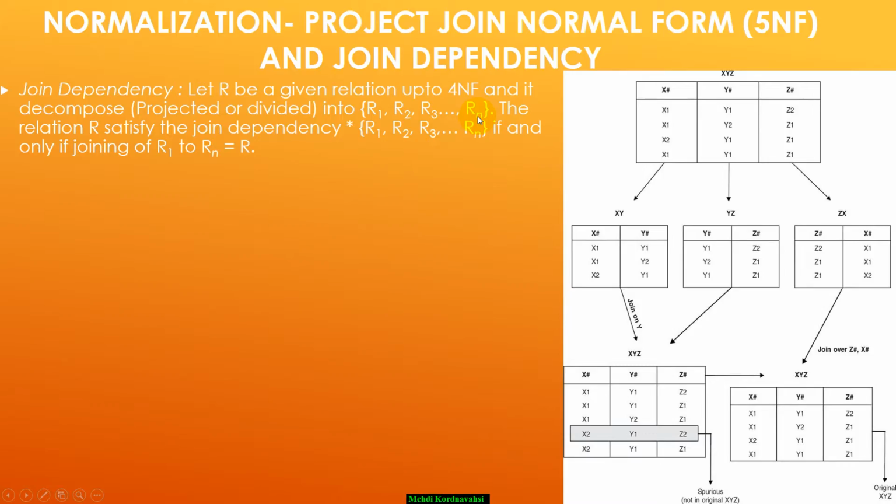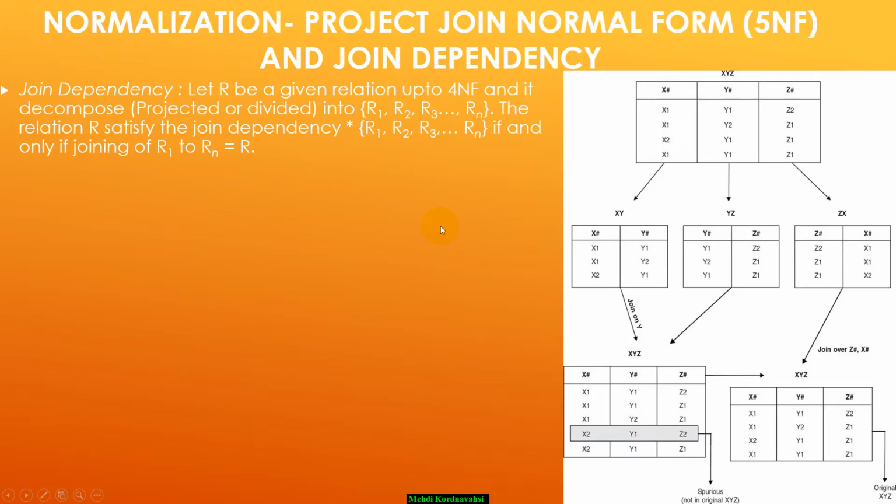The relation R satisfies the join dependency star of the relation if and only if joining R1 to Rn equals R. It means if we separate the dependency and then rejoin again, the result will be the same relation.